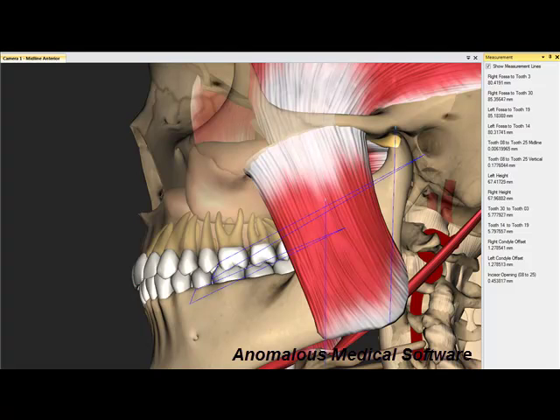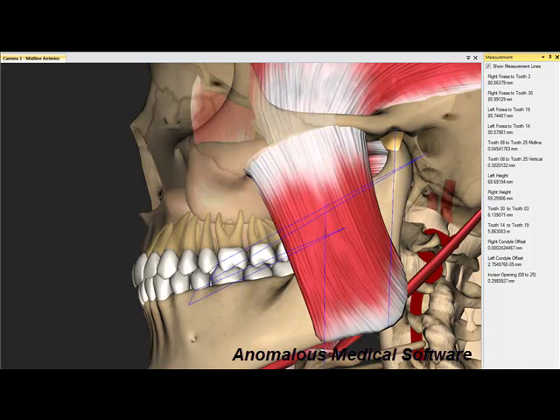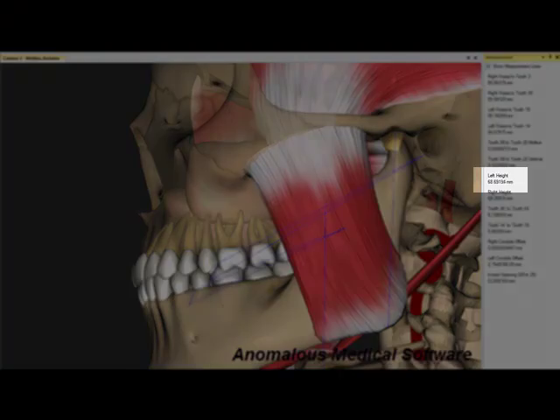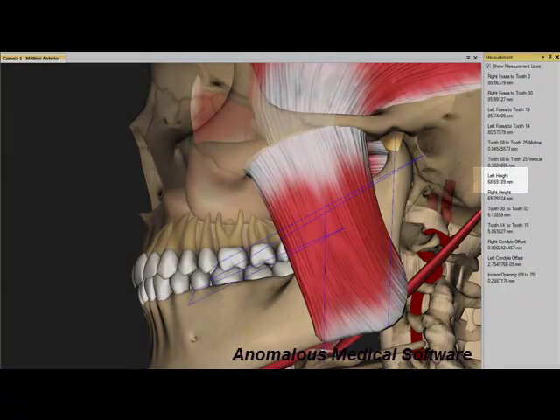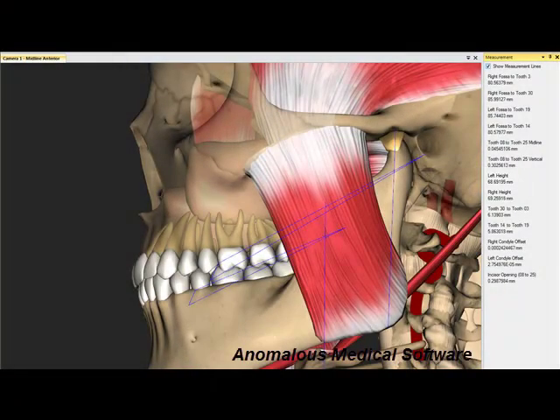And in fact, as we make changes, for example, if I go back to the normal disc alignment, in particular you can look right here at left ramus height, which would be represented by this particular line.